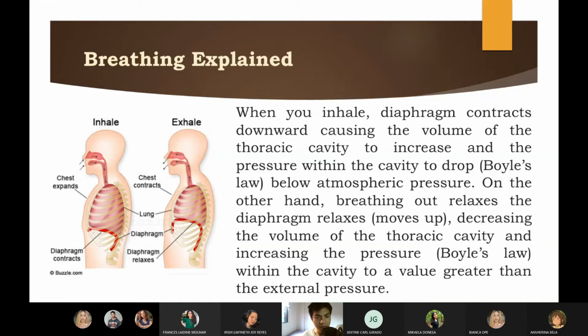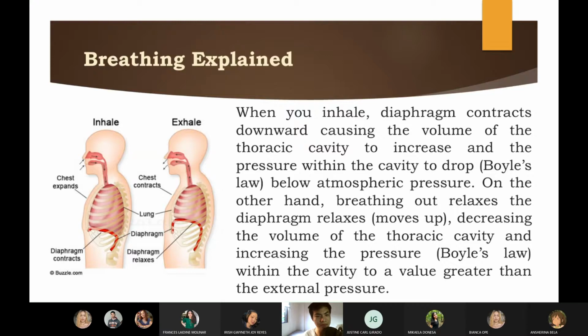Pag yung ating diaphragm, nag-expand yan, the pressure inside the chest cavity decreases. Ibig sabihin, pag tumaas yung volume ng ating chest cavity, yung pressure sa ating lungs ay bumababa. That's why we inhale the gases around us. So, yun yung isang example ng Boyle's law.